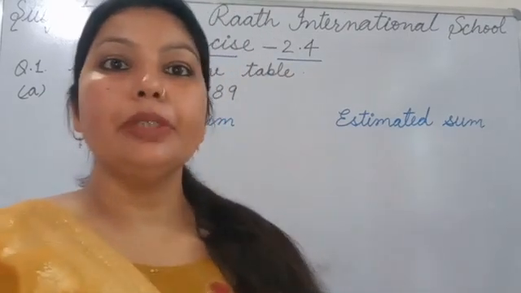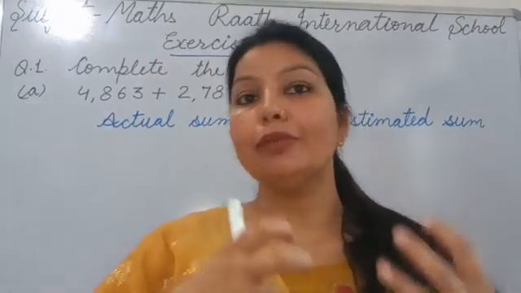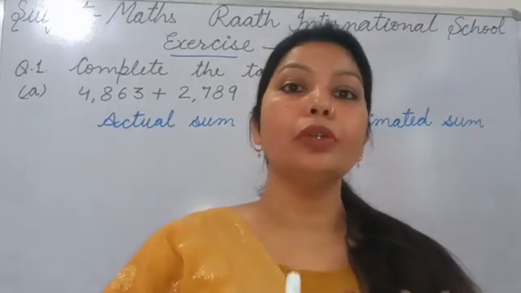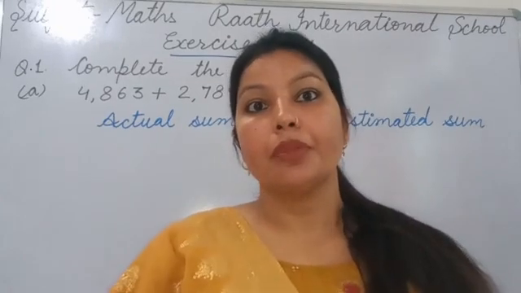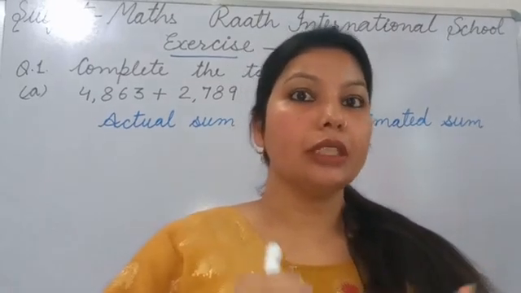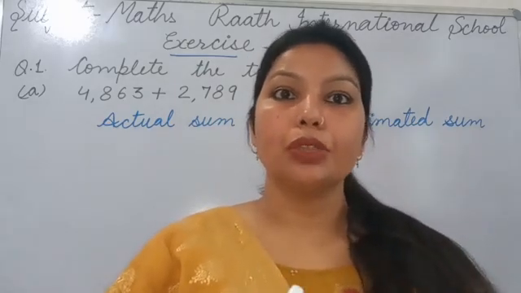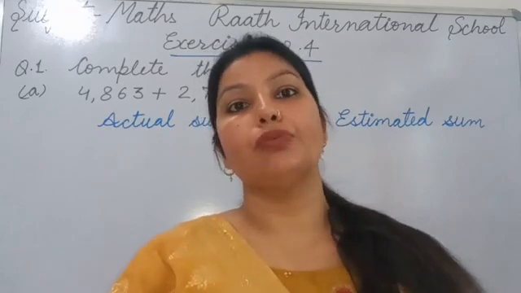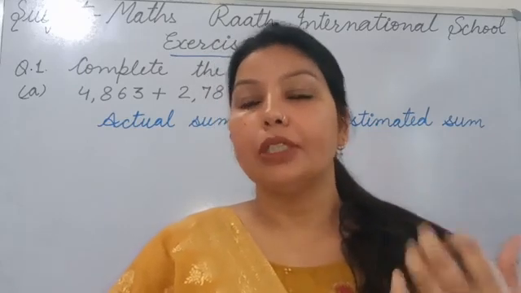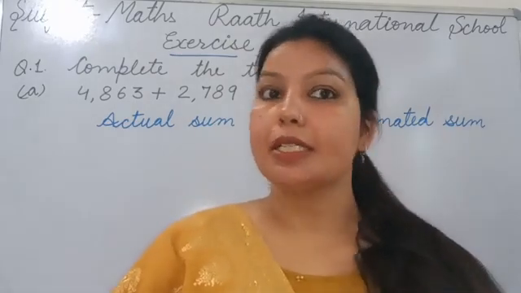In this exercise, question 1 is given in tabular form in your book. We will not do it in tabular form, we will solve the questions. The first question is already solved in your book, so we will do according to that. In the first question we find the rounding of 1000 and then find the estimated sum.